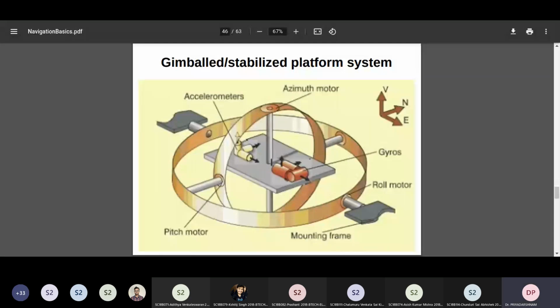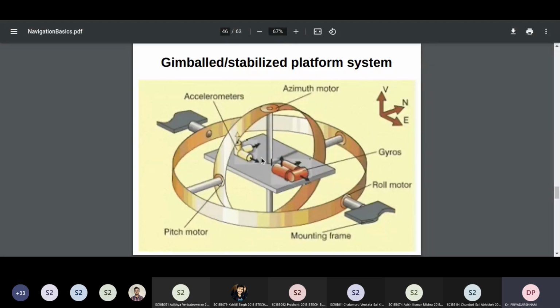But you have placed gyroscopes. The gyroscopes will measure the rotation that is happening with respect to the outer ring. Using that rotation, you use something called the roll motor. The roll motor will compensate for this rotation to bring it back to the stable direction. That means you have to do this faster than the sensing rate of the accelerometers.